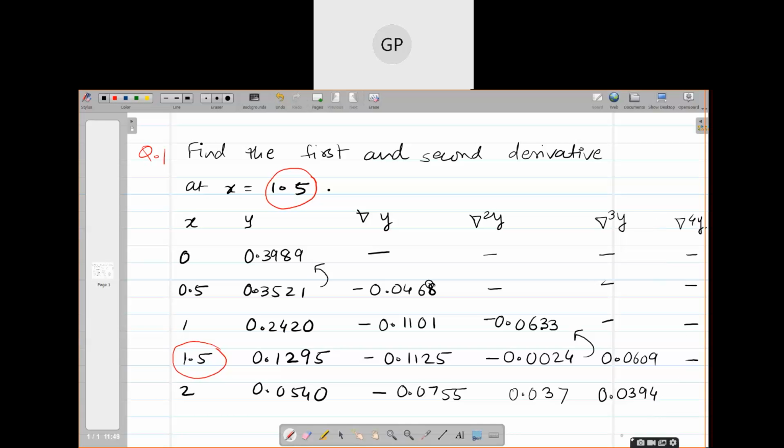And the last one is minus 0.0215. Please write down that minus sign. There is no space for me, but I will manage it somehow.